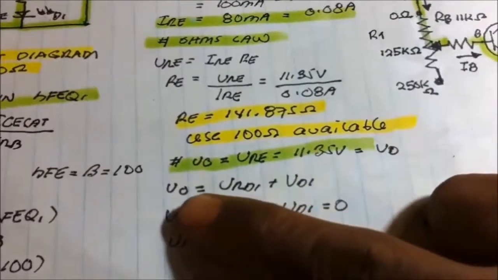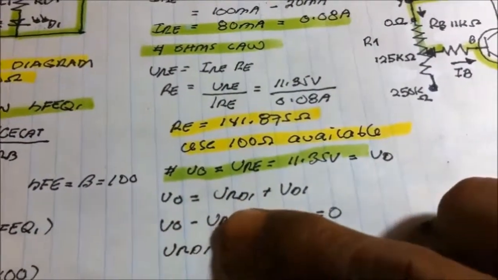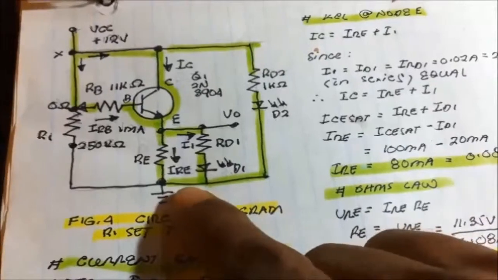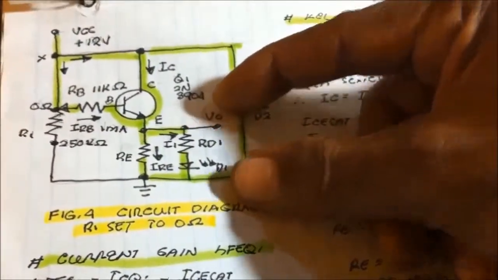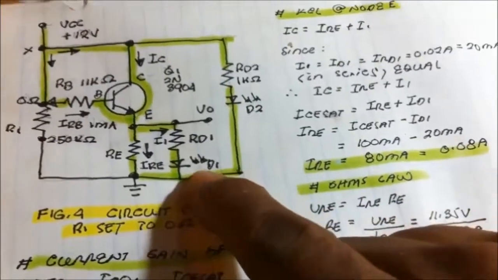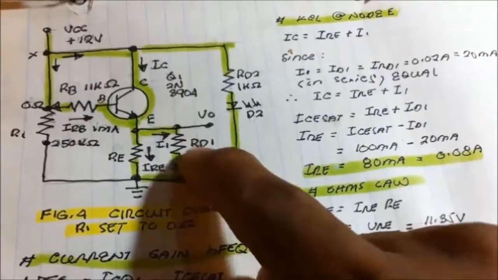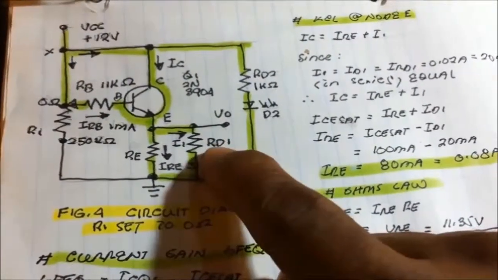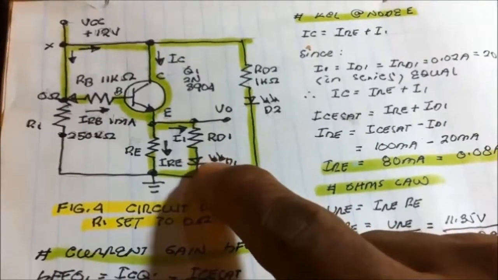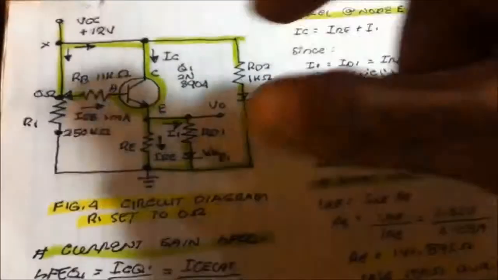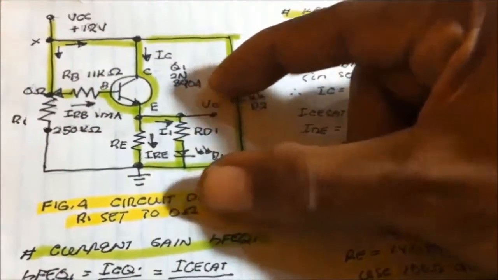Therefore the voltage output is equal to the voltage drop at RD1 plus the voltage at D1. Since they are in parallel with the output, the voltage is equal, so the output voltage is equal to the voltage drop of RD1 plus the voltage drop at D1. Because RD1 and D1 are in series, the sum of the two voltages makes the output voltage.